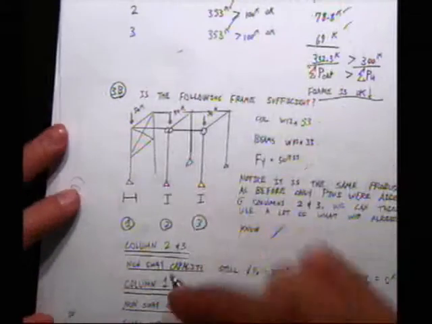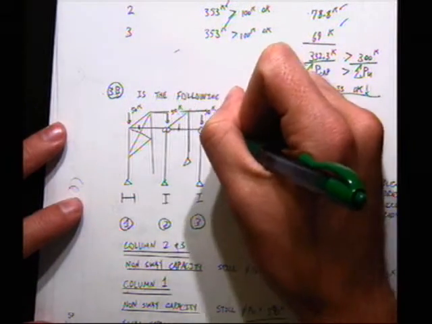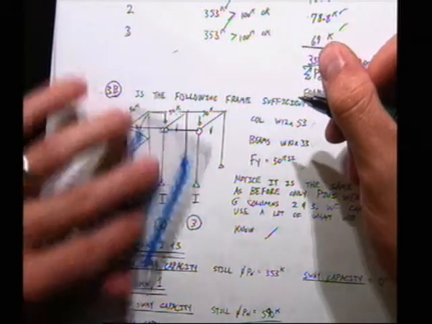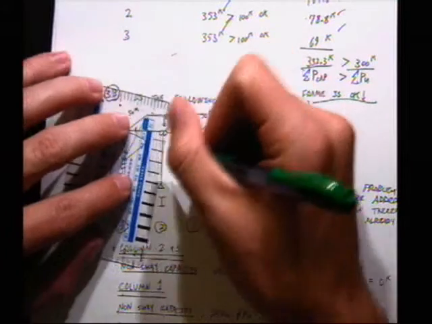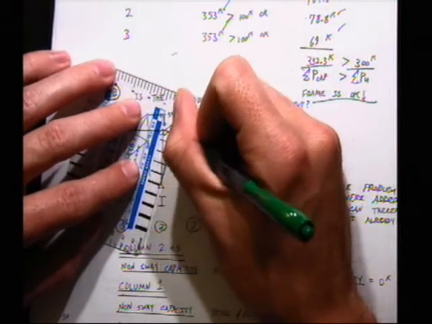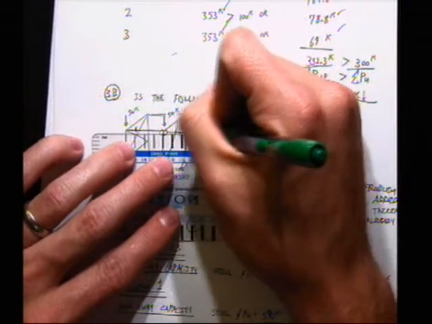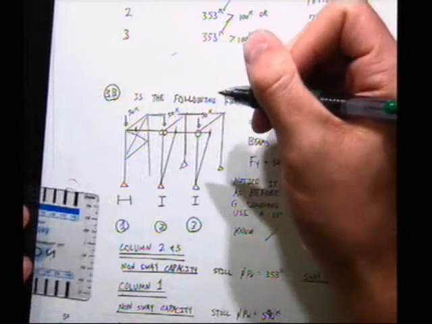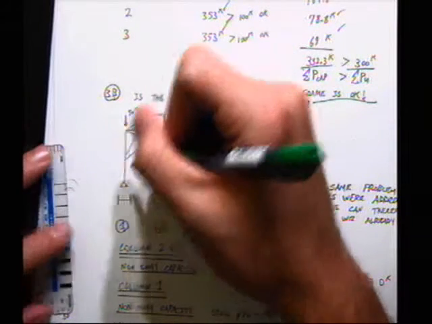So let's draw the deflected shape. If this moves over, this moves over, this moves over, this has to be straight, this has to be straight. So that means the beam's going to be what? Straight as an arrow. Okay. Now let's do this one.